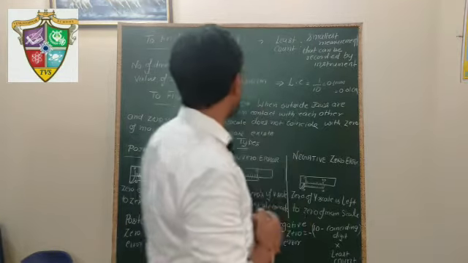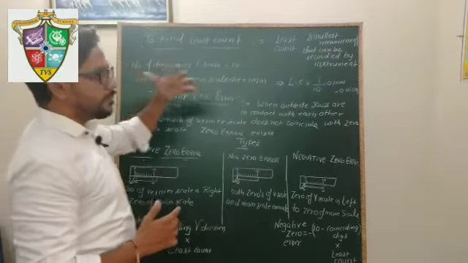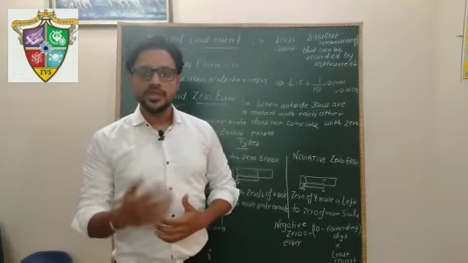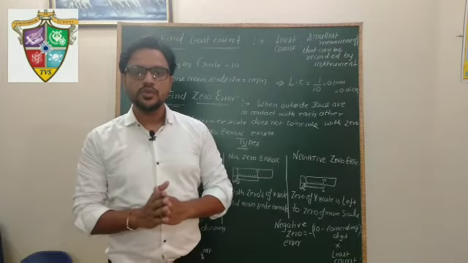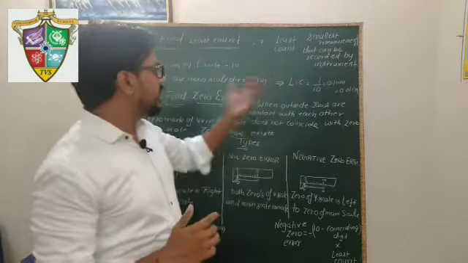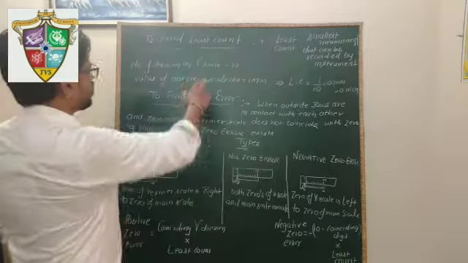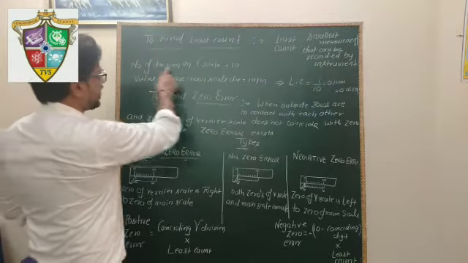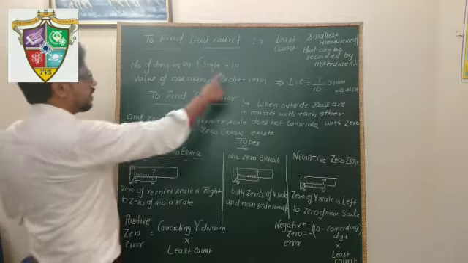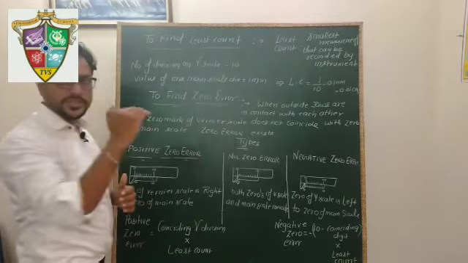So what is least count? Least count is the minimum or the smallest measurement that we can take with the help of any instrument. So first we will see what is the value of least count for the vernier caliper. To find this value, we will see how many divisions are there on the vernier side. Usually there are 10 divisions on the vernier side.